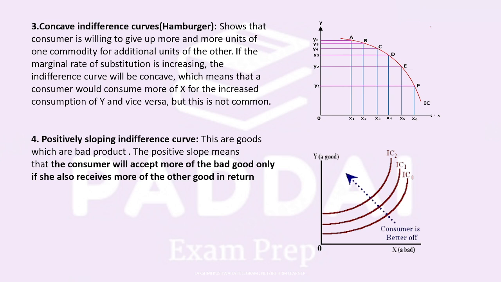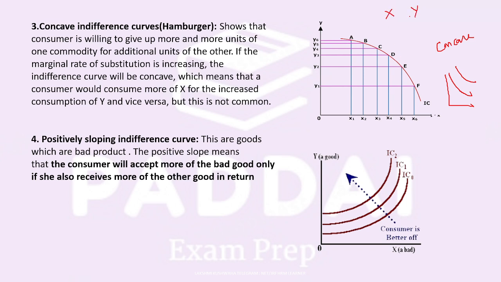This is concave. We said that indifference curves are always convex. When would they be concave, like a hamburger curve? Now, X and Y are two goods.